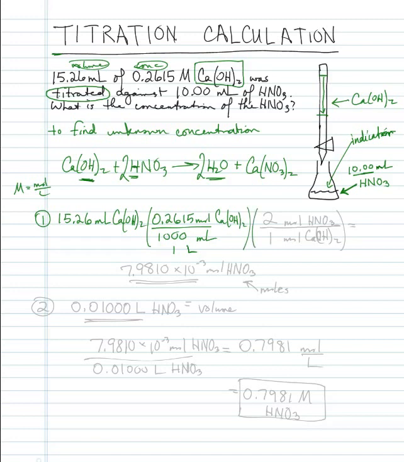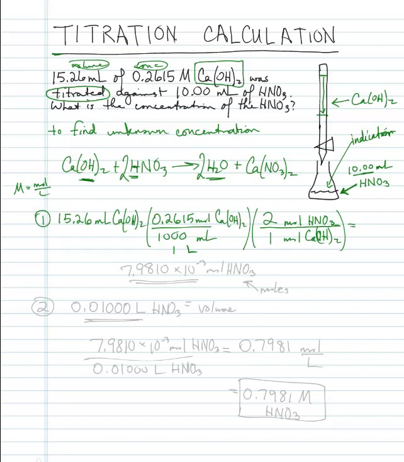My balanced equation tells me that calcium hydroxide and nitric acid react in a 2-to-1 ratio. That's 2 moles of nitric acid to 1 mole of calcium hydroxide.